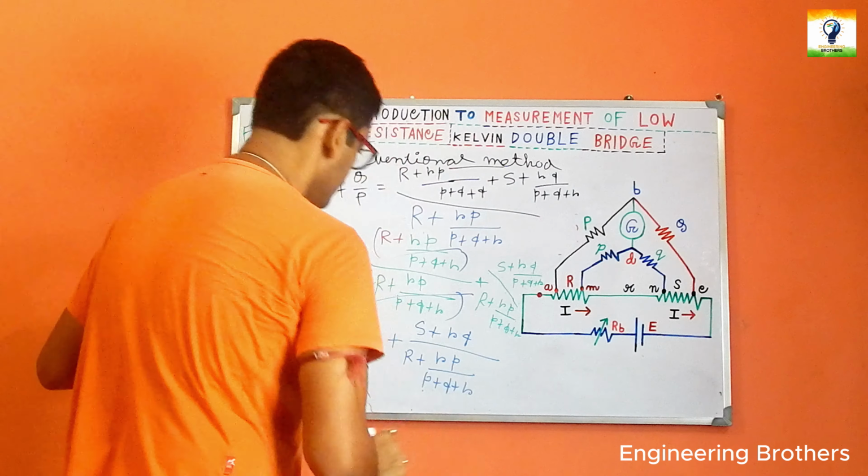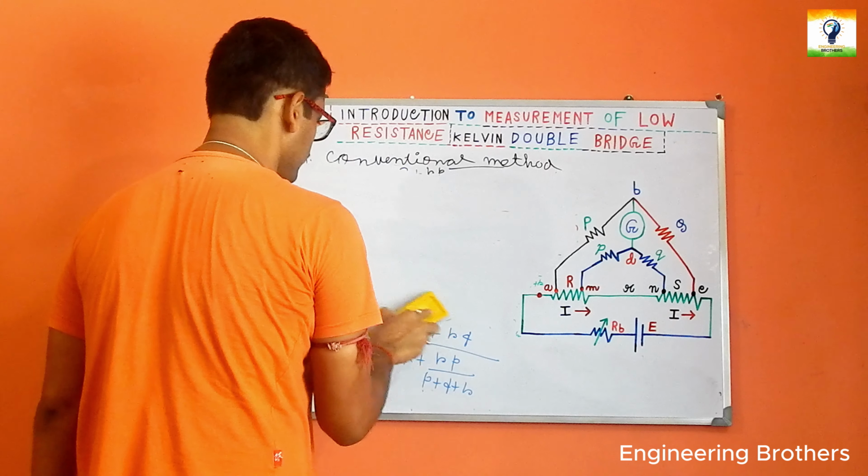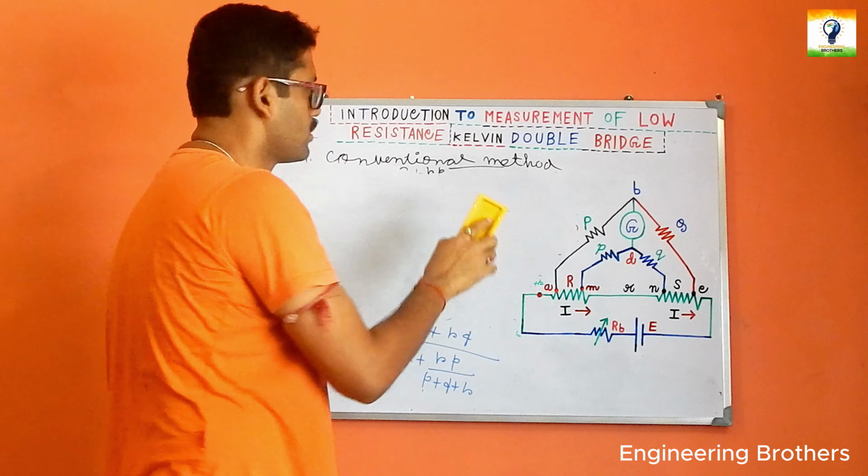Let us simplify further. To do that, we should eliminate our previous two expressions, and finally we have these expressions. Now let us cross multiply. How do we cross multiply?